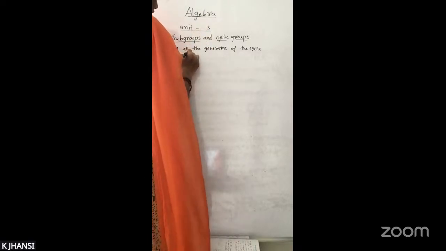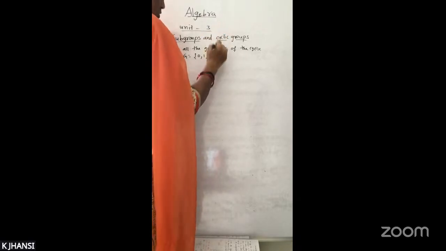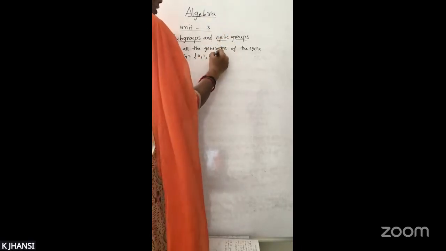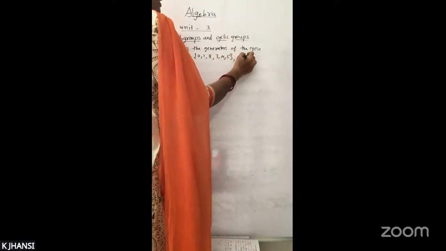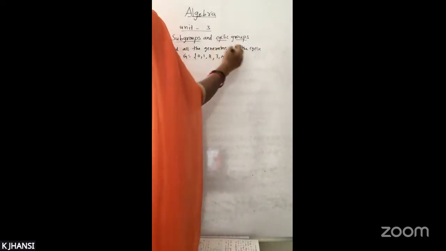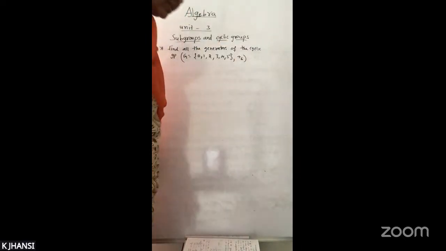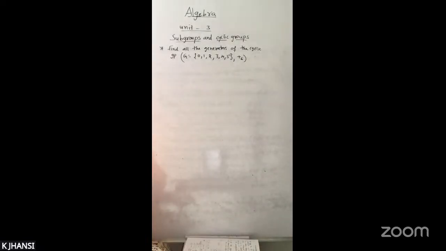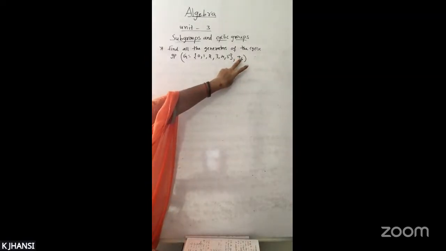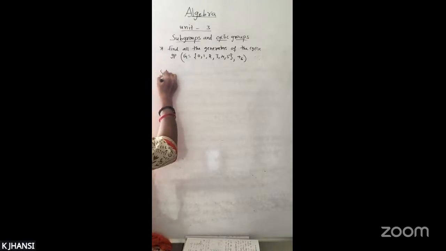So here the group is given, G equals {0, 1, 2, 3, 4, 5}, and here the operation is addition modulo 6. Okay, so in the question it is given that the elements are 0, 1, 2, 3, 4, 5, and the operation is addition modulo 6. So we'll find the solution for this one.